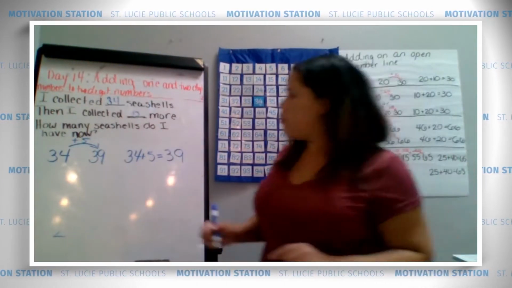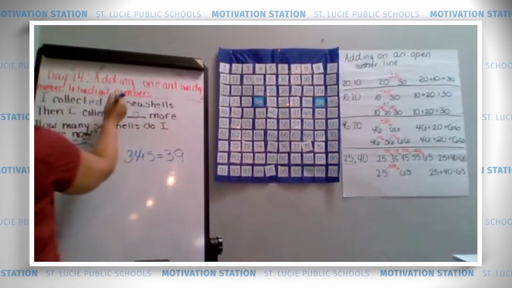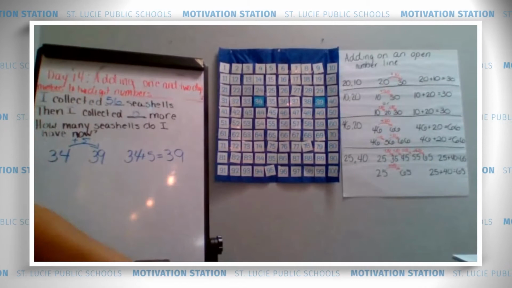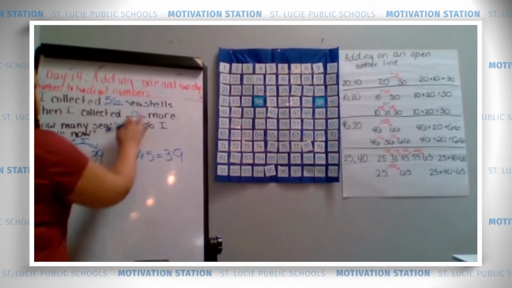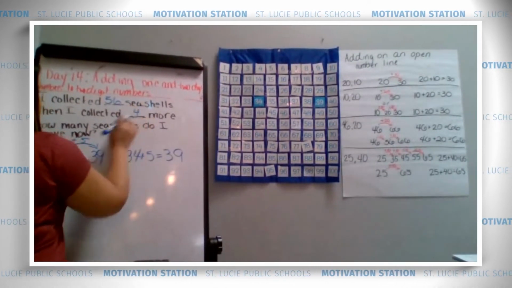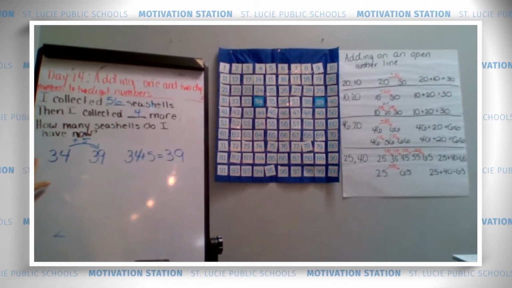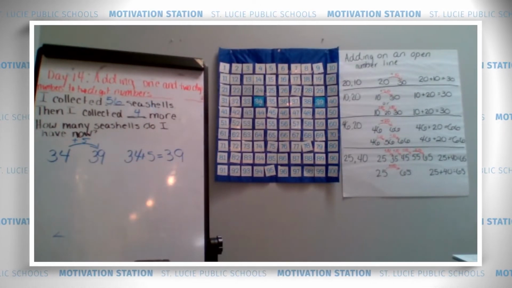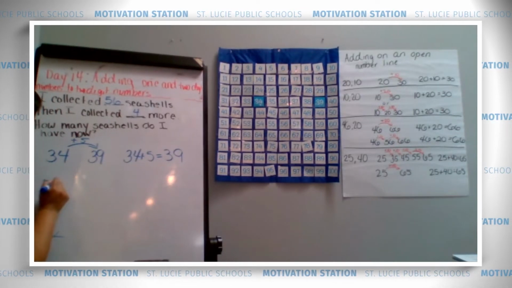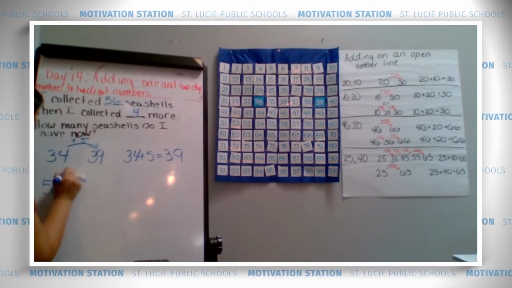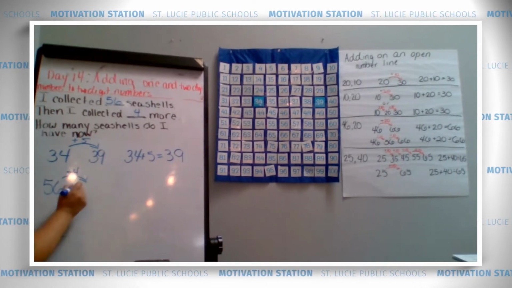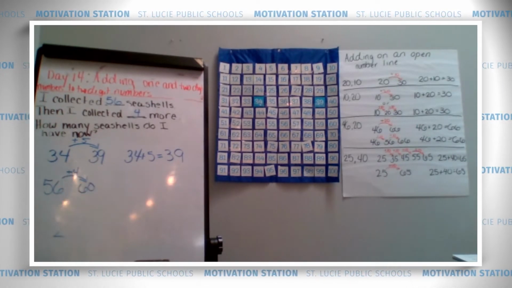Okay, let's try another one. Let's start with 56 seashells, and let's add 4 more. 56 plus 4. Excellent, 60. How did you guys get that so quickly?